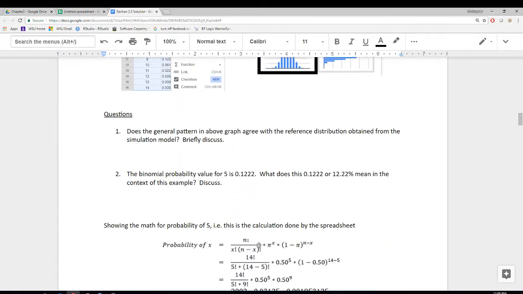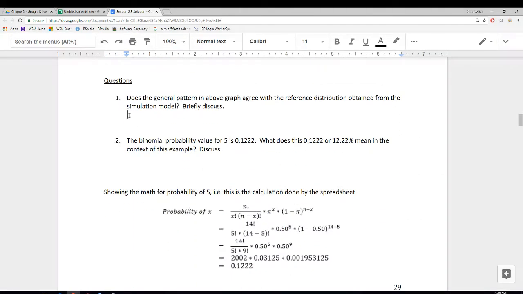Okay, let's go ahead and answer those questions then back here. So does the general pattern in the graph above agree with what we obtained from a simulation model? So yes, the graph is similar. The expected quantity, expected value is 7, and this 7, I guess, is the high point on our graph.